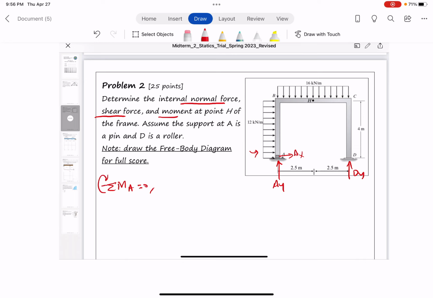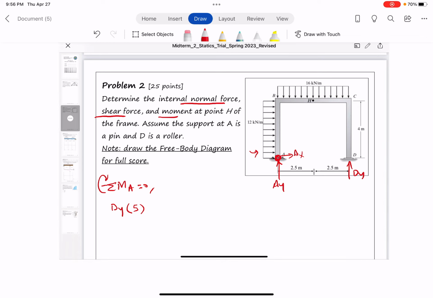This is going to give you DY times 5 for the whole frame, and of course these two reactions are not going to be included in the moment.